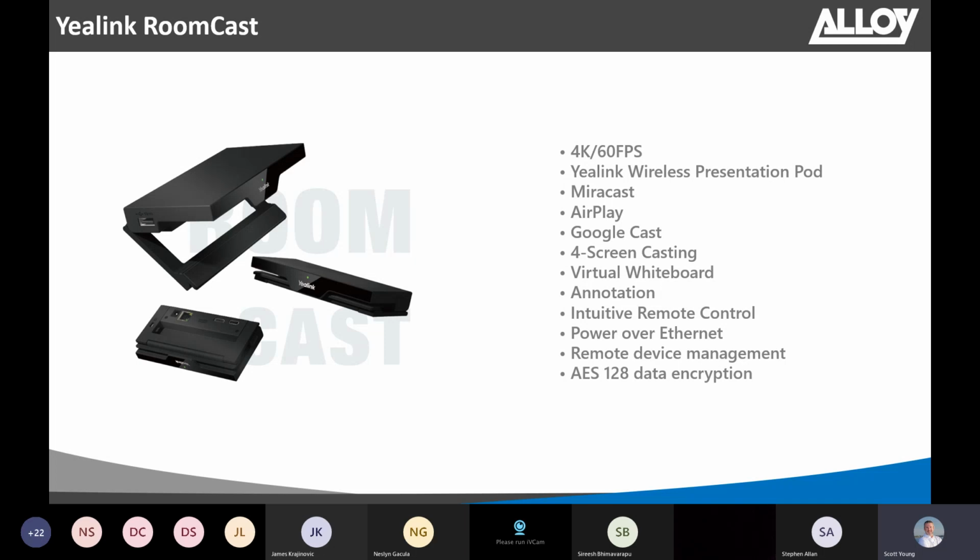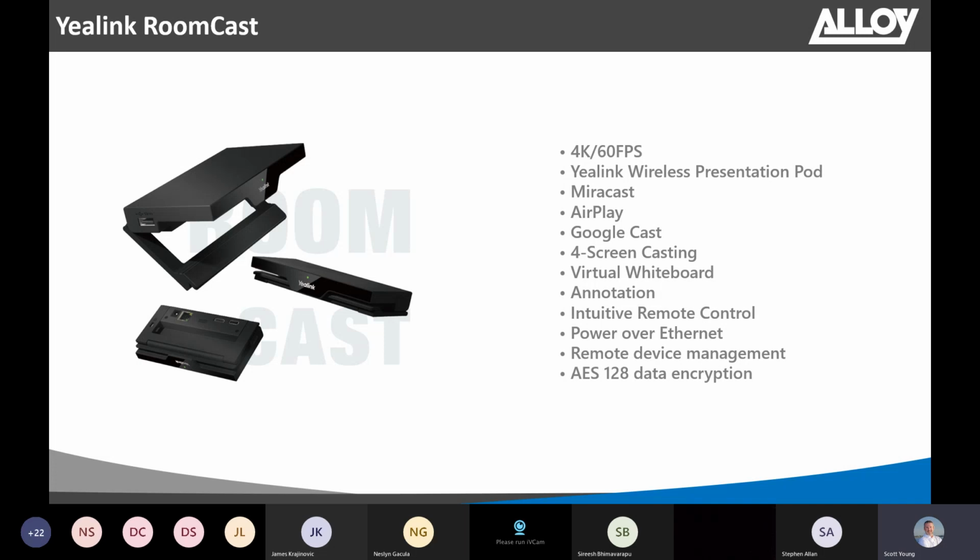There's just no way of us being able to run an HDMI cable from the front of the room to the conference room, I should say, sorry. So what we could do is get away with that HDMI cable and utilize a device such as Yealink's Roomcast to allow us wireless connectivity to our TV.